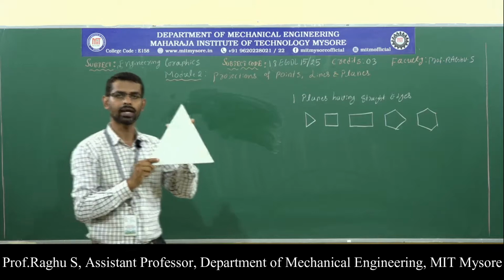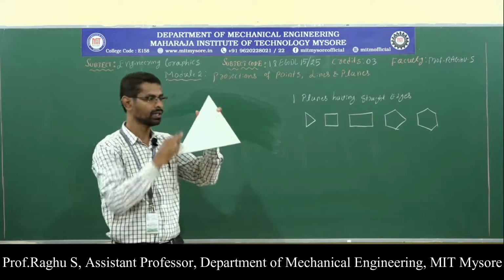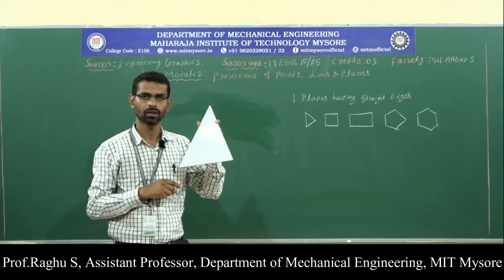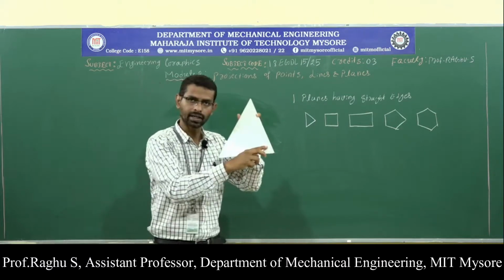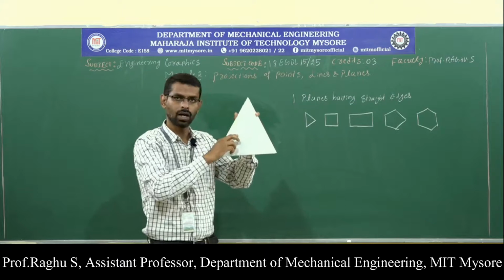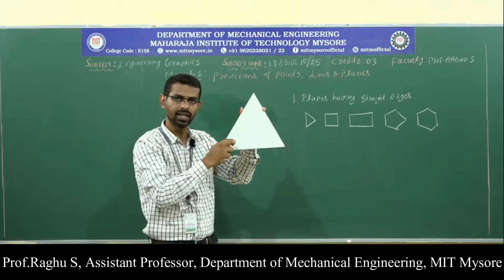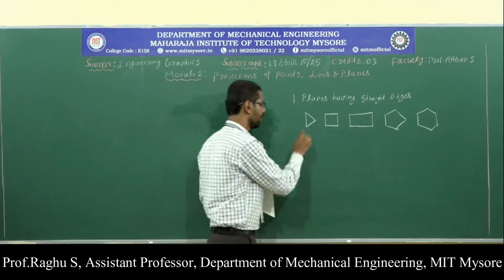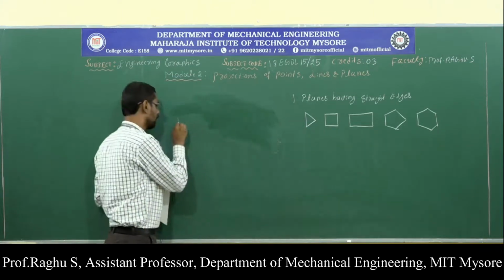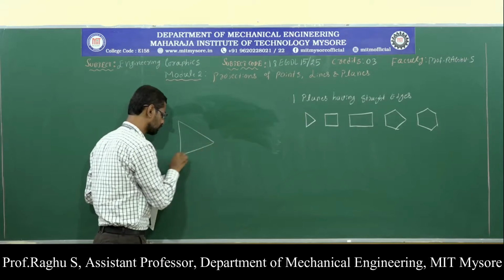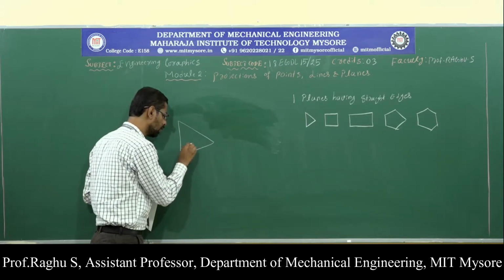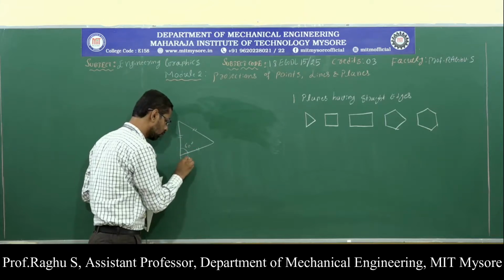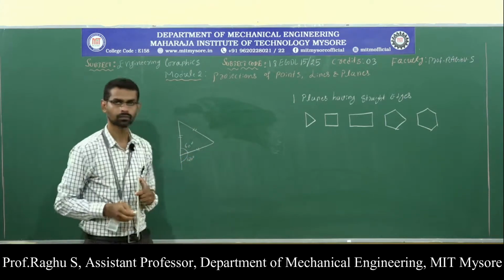An equilateral triangle has 3 equal sides and equal angles. In the case of an equilateral triangle, all sides are equal, the interior angle is 60 degrees and the exterior angle is 120 degrees.